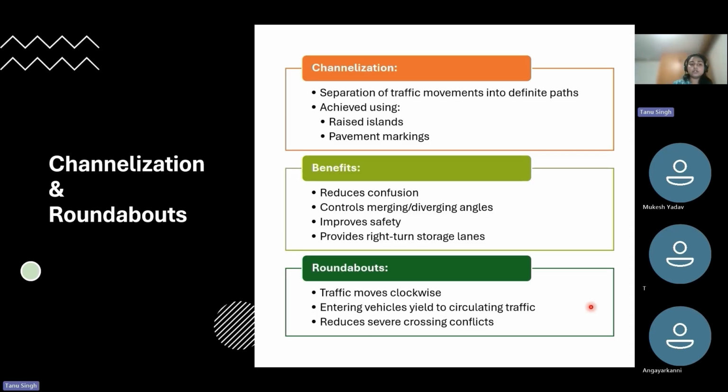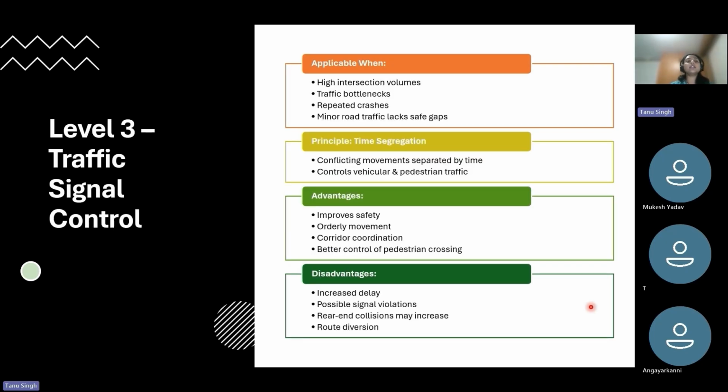So this was about level 2, semi-control at intersections. Now coming to level 3, that is mainly controlled by the traffic signal. When semi-control is not sufficient, we move to level 3, that is traffic signal control.